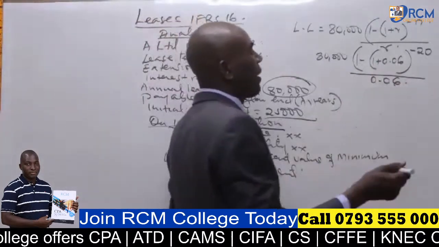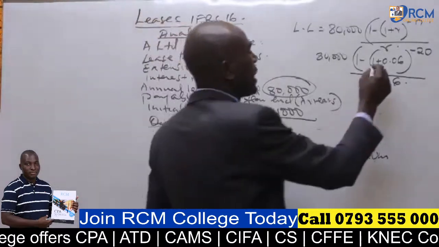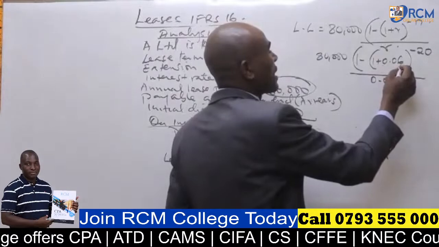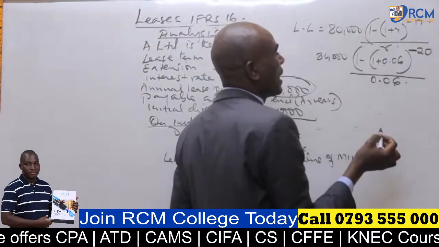If I want to put it on a calculator, I know many of you forgot the FM. You take 1 plus 0.06, you raise it to negative 20.